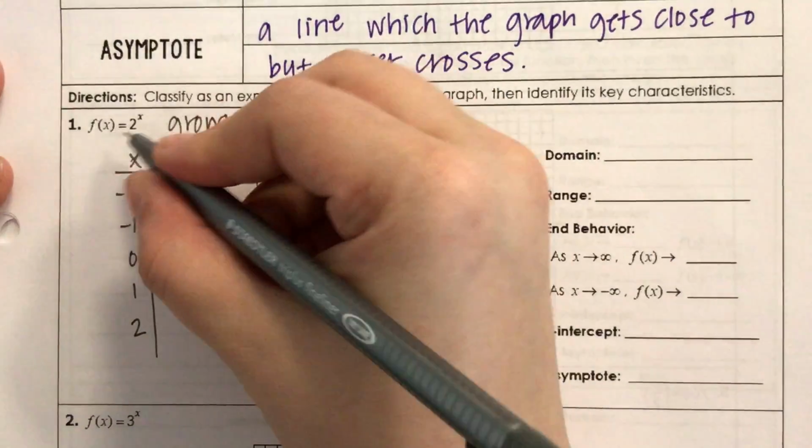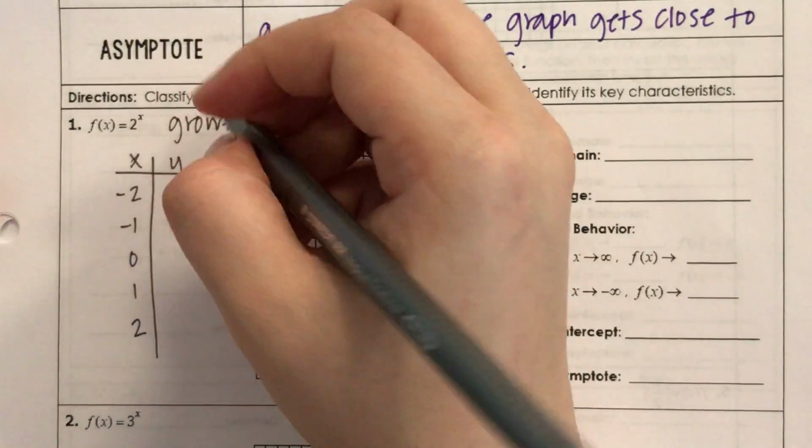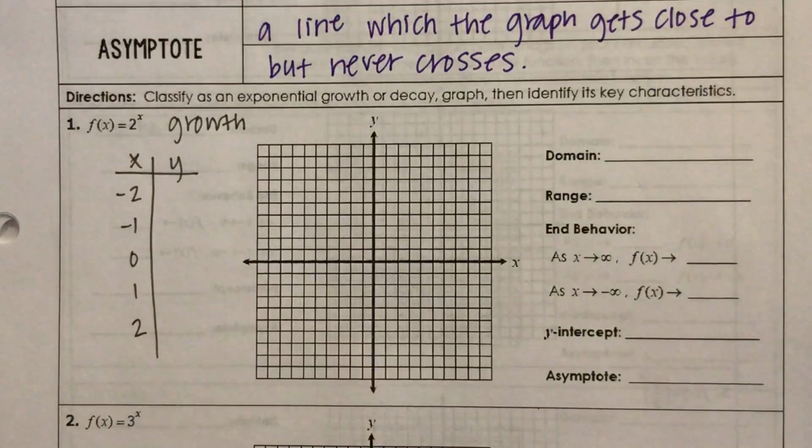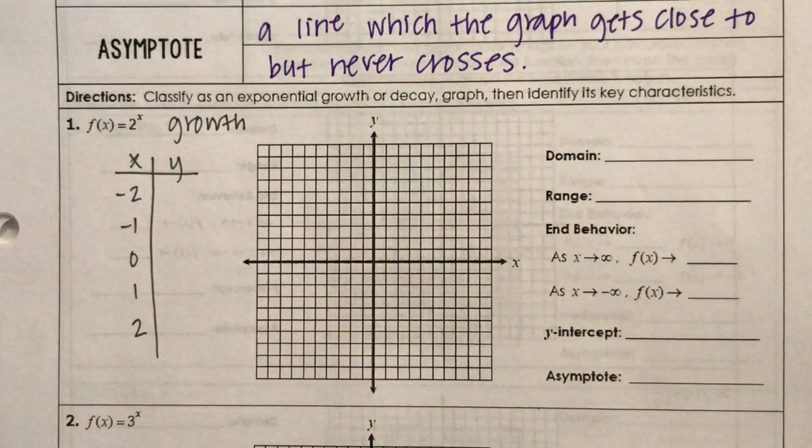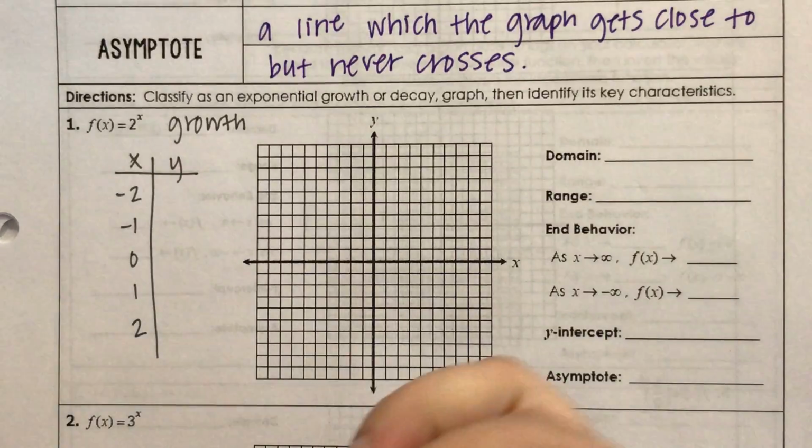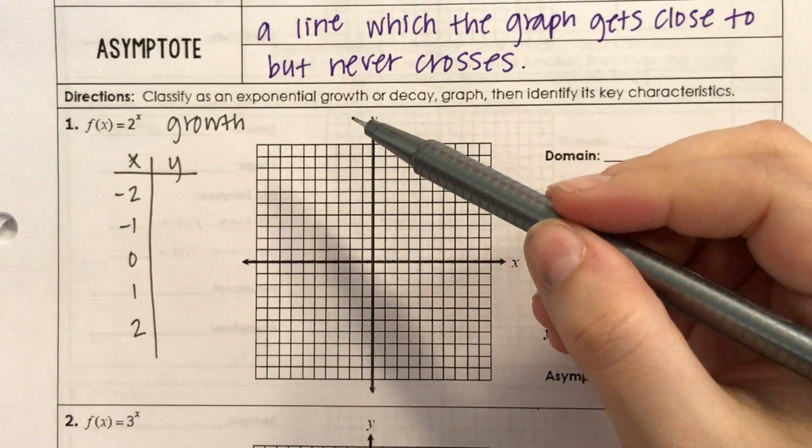Okay? If I plug in -2 for x, 2 to the -2 power, well, that's 1 over 2 to the 2nd power, because remember negative exponents flip, make it the reciprocal.